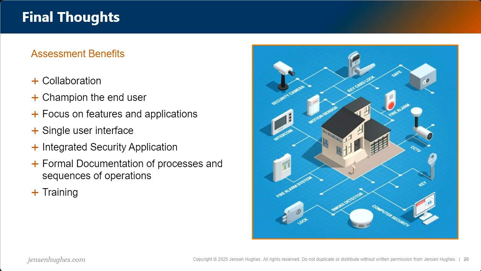What does that programming look like? What does access control or lockdown look like in these specific areas? We want to make sure that that sequence of operations is understood. It's going to reduce ultimately change orders or add services to resolve those issues.